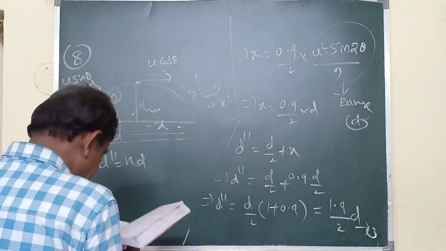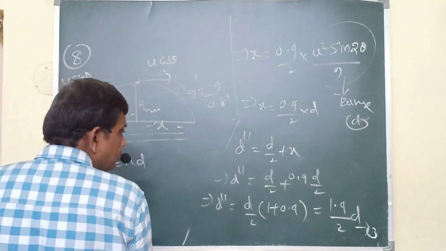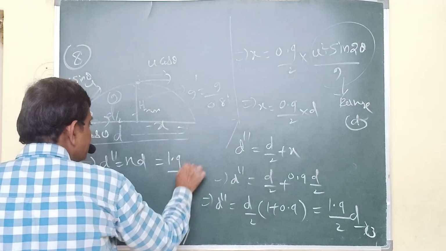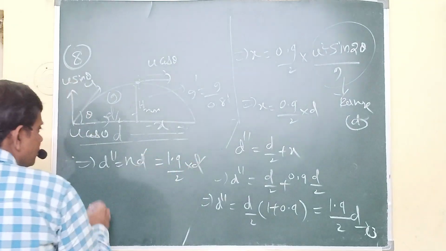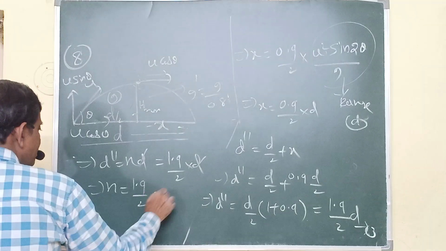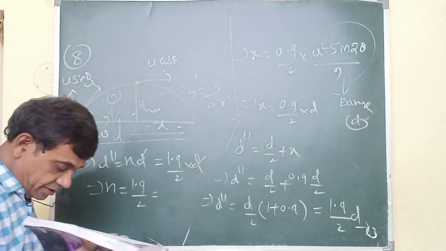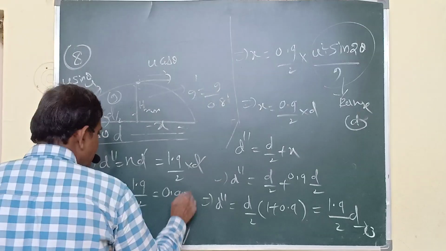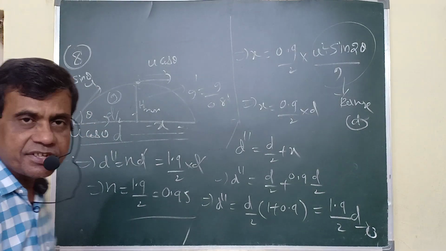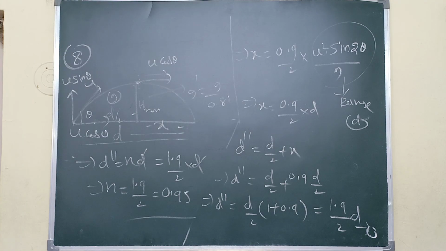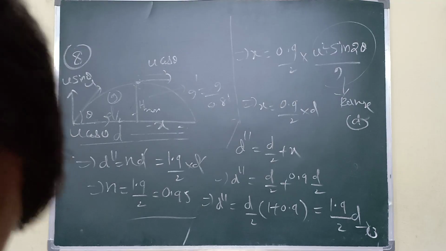Now that nD equals what already? 1.9 by 2 into D. D cancel. Now what is the n value? 1.9 by 2. That's all. After doing the mathematics, we are getting 0.95. That is the n value. Nearly 1. Integer type question, it is nearly 1. So this is the process.